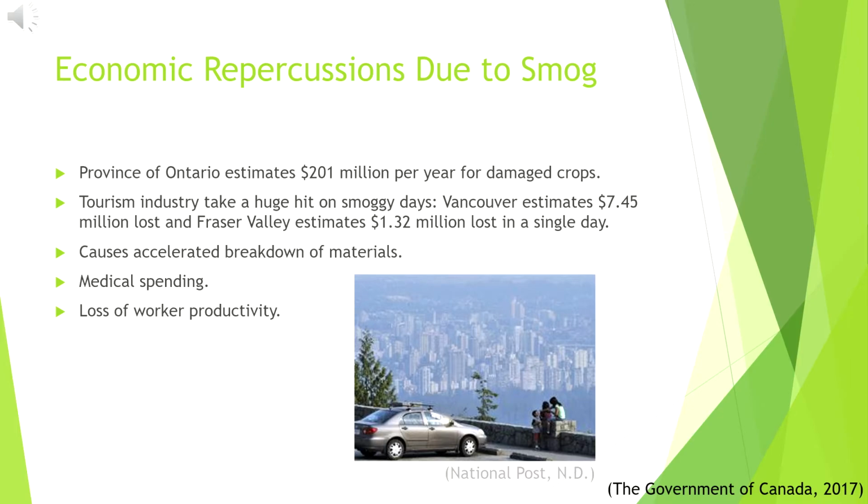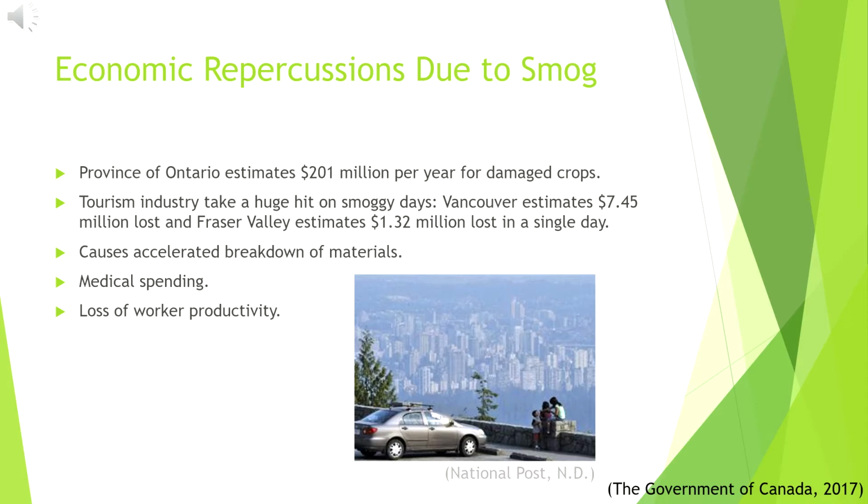The tourism industry also sees large financial repercussions from smog, mostly due to impaired visibility of landmarks and attractions. The Government of Canada estimates that one day with highly impaired visibility can result in the loss of about $7.45 million in Vancouver tourism and $1.32 million in Fraser Valley tourism.